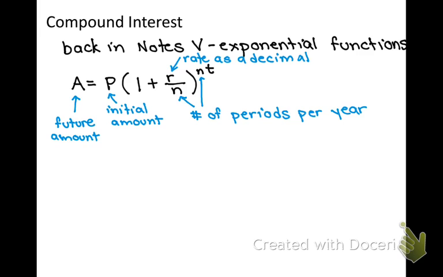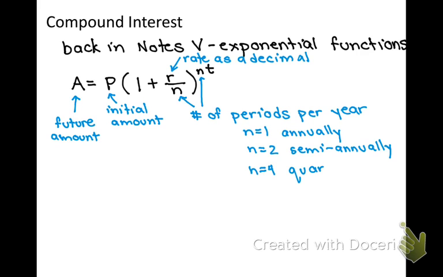And remember, we discussed that n equals 1 was annually, n equals 2 is semi-annually, n equals 4 is quarterly, and n equals 12 is monthly. And then the last piece here is t, which is my time in years.